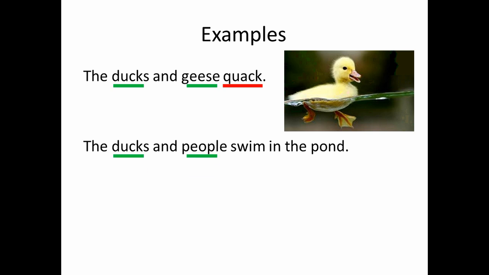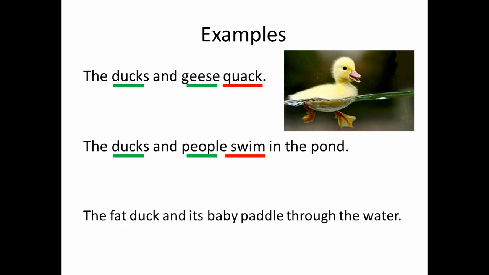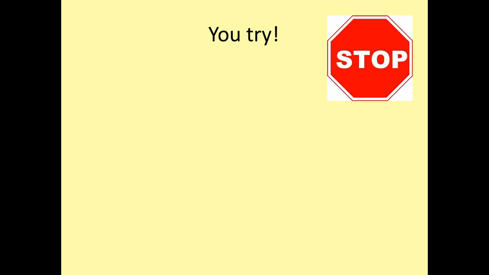And what do they both do? Swim. Last one. The fat duck and its baby paddle through the water. What is the sentence about? It's both about the duck and about the baby. And what do they both do? They both paddle.